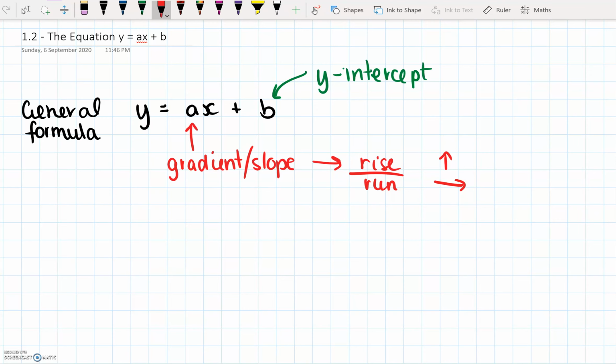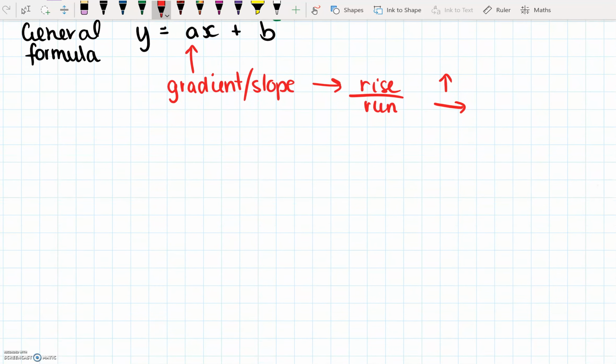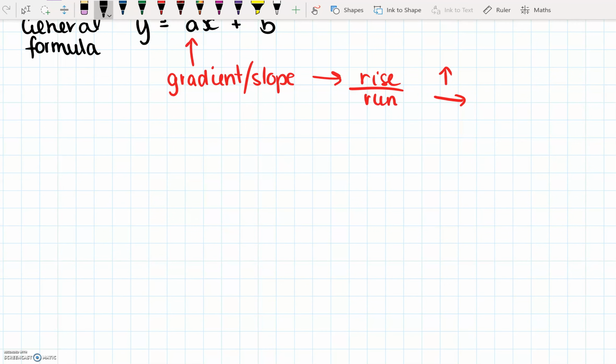Now, the best way to do this is just to start with an example. So let's do one together. Let's say I have y equals 2x minus 3. Now 2 is our gradient, so our gradient is equal to 2. That is our a.